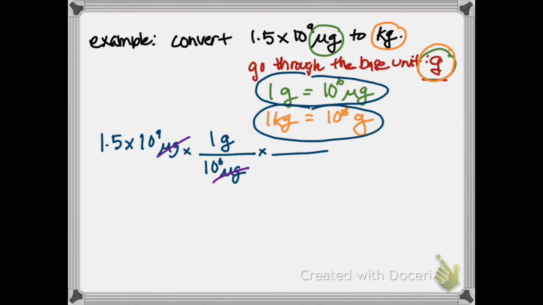So second conversion factor, we have 1,000 grams on the bottom to cancel out with the other grams, and 1 kilogram on the top. So the grams cancels out, and we're going to get kilograms. And so actually when we do this, our number that we get is 1.5 kilograms. So as you can see, we went through our base unit and used our conversions using our mantra. The bigger one gets the 1.